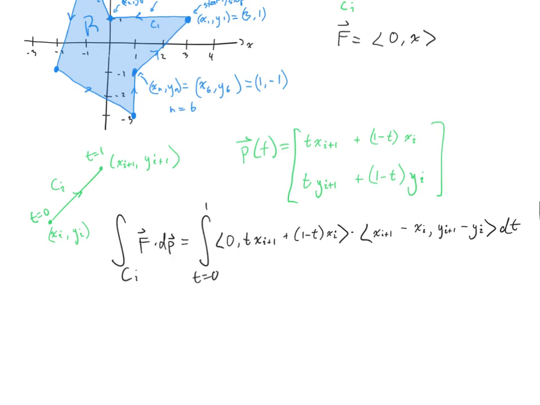So this is p prime of t dt, and this one over here is f of p of t. Okay?